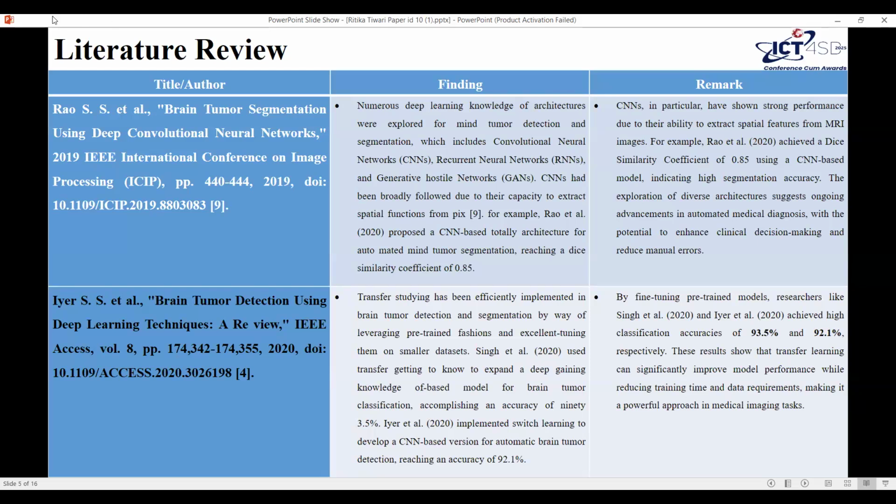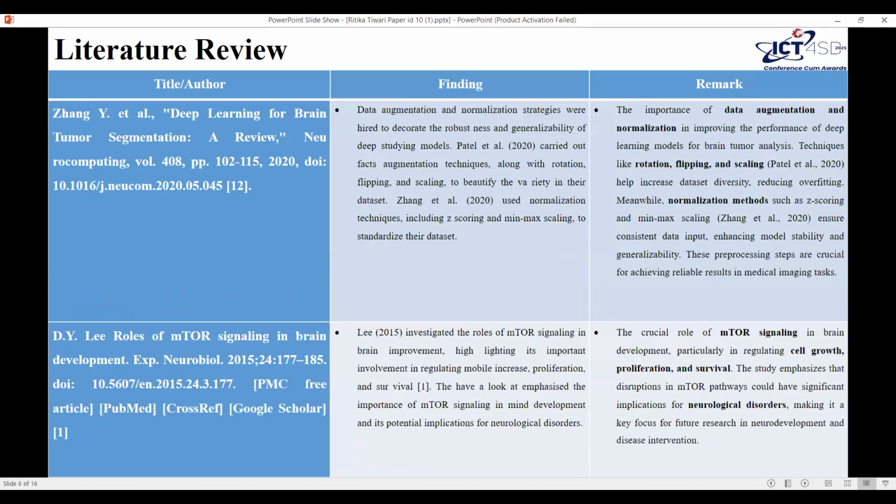Next is brain tumor detection using deep learning techniques, with the use of fine-tuning pre-trained models. Research classification has accuracies of 93.5% and 92.1%, which show that transfer learning improves model performance while reducing training time and data requirement, making it a powerful approach in medical image tasks.